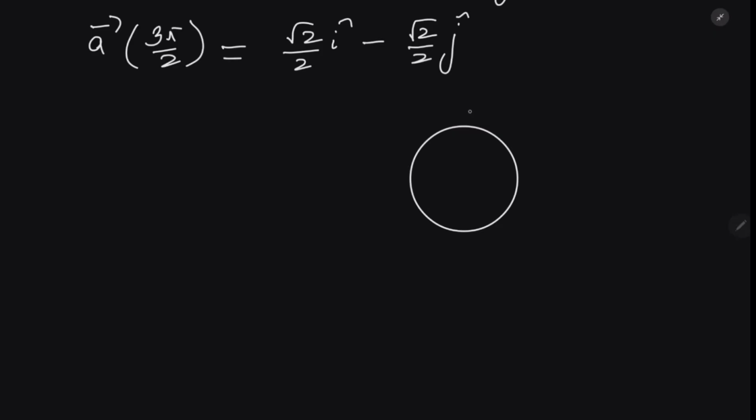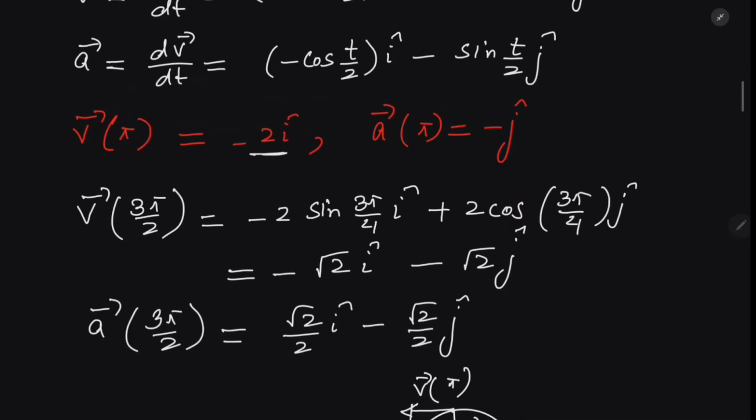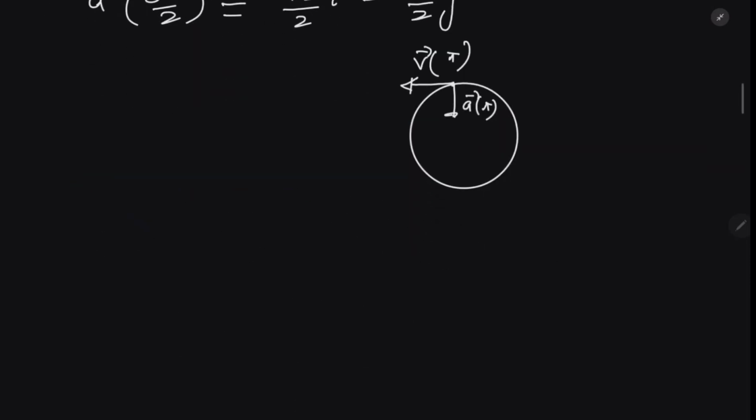You will see that this is anti-clockwise. So the first value we have is something like that, the velocity vector at pi, and similarly we have acceleration at pi. You can plot that yourself, minus 2i and minus j. This is in the negative y-axis, and this is at the negative i-axis.